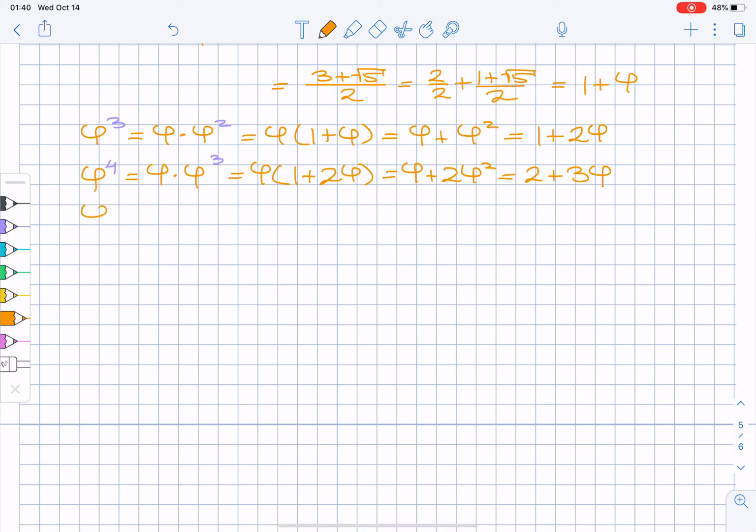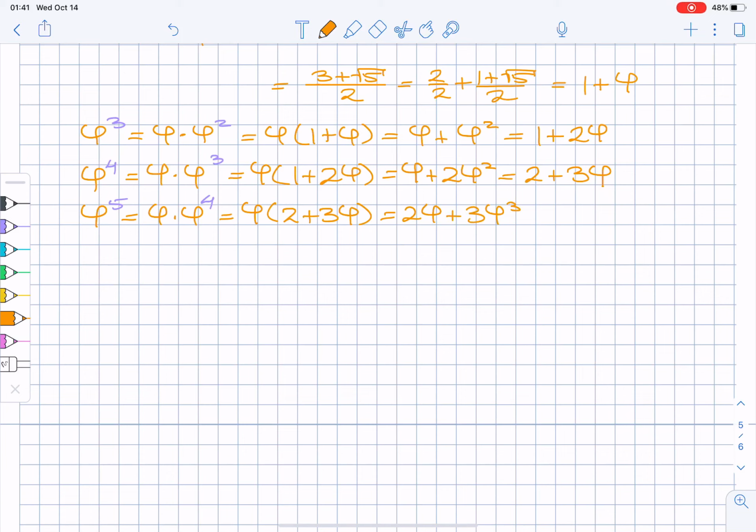Okay, phi to the 5th. Why am I doing all of this? There must be a reason. It is going to be phi times phi to the 4th, which is phi times 2 plus 3 phi. So that's 2 phi plus 3 phi squared.